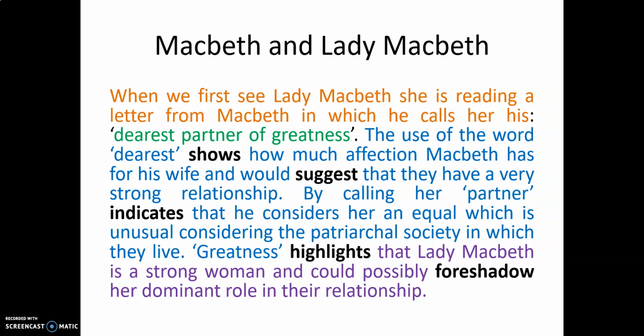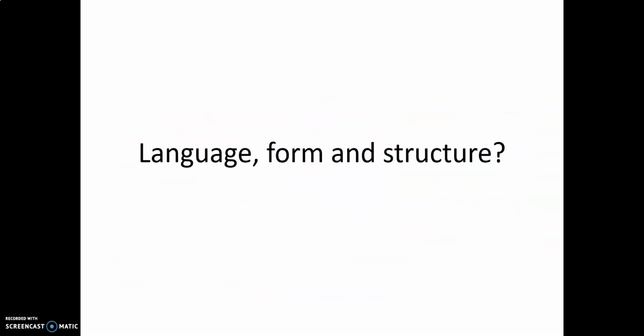Now, if you're using 2 quotations, if you can only really look at language in one of them, then choose something where you can look at structure, where you can look at form, where you can talk about iambic pentameter, where you can talk about the use of prose, where you can talk about a dramatic entrance, or how this fits in with the tragedy, and there you're all talking about form if you're looking at those things.